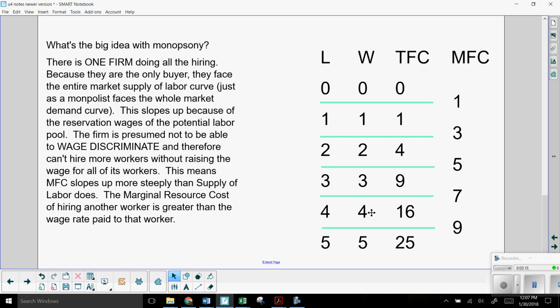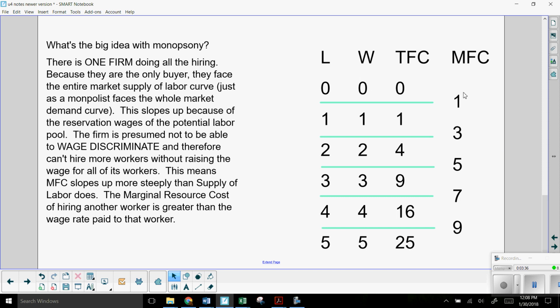As I employ the fourth worker, the wage is 4, but the marginal factor cost is 7. And as I employ the fifth worker, the wage is 5, but the marginal factor cost is 9. I may have said total factor cost for 7, but the total factor cost with 4 workers would be 16, and the marginal would be 7.